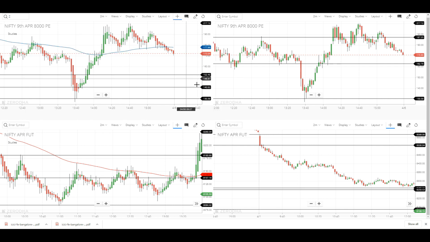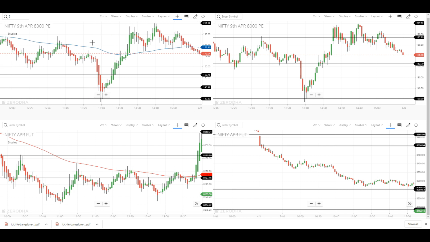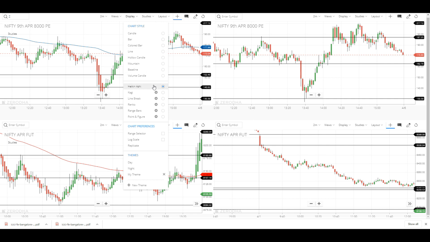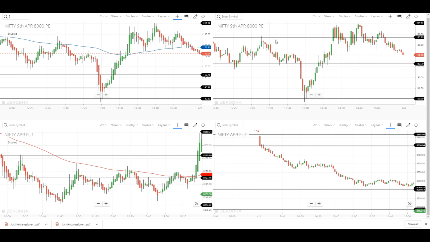Now I have this for the Nifty 9th April 8000 PE setup. This chart is telling you the same Nifty 9th April 8000 PE setup. However, these are normal candlesticks, and here we are using Heikin Ashi.